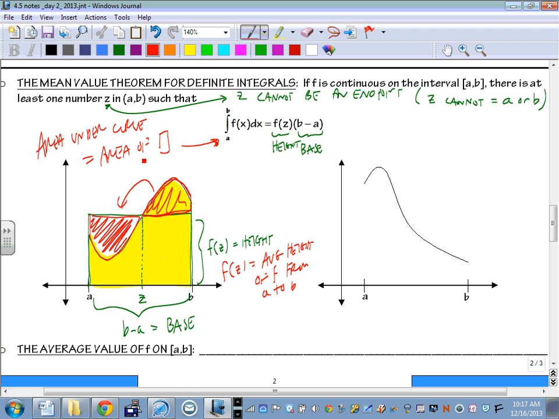That's where we get the mean value, mean average. If we were to look at this curve, every y value on this curve, add them all up and average that out, we would get this height. So this f of z, this height, is the average height of all the points on this graph. If we took all those y values, added them up, and averaged them out, this is what it comes out to be. So that's the important thing that we're getting out of this mean value theorem.